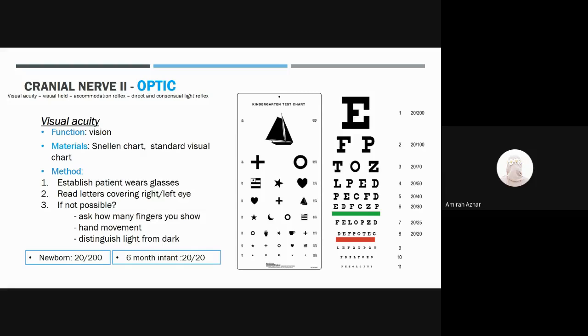So how about babies that cannot understand your commands? You can still assess visual acuity by seeing their eye movements, whether they distinguish light from dark, and whether they can see your face. In a newborn, the visual acuity is 20/200, and in a 6-month-old infant it is 20/20.